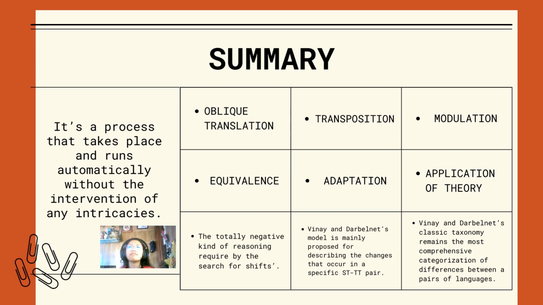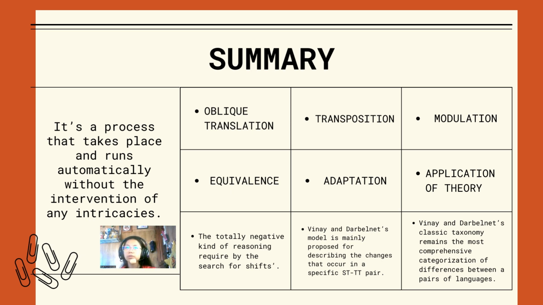Torrey in 1995 warns against the totally negative kind of reasoning required by the search for the shifts, and without the consideration of higher level discourse or the effect that changes might have on the reader. Vinay and Dalbernet's model is mainly proposed for describing the changes that occur in a specific ST-TT pair, which highlight the liability to make error, failure, and loss in translation.